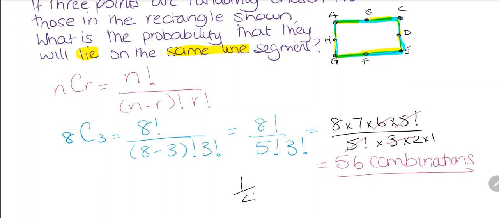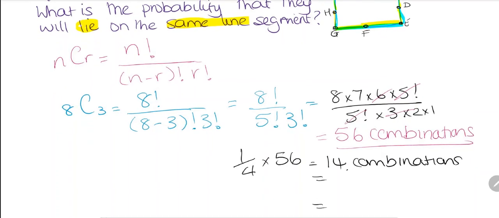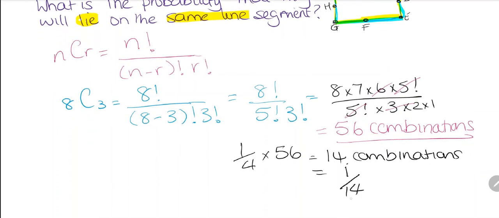So it's going to be a quarter of 56, which is 14 combinations. And if we write that as a probability, this will be a probability of 1 over 14 of being in the same line segment.